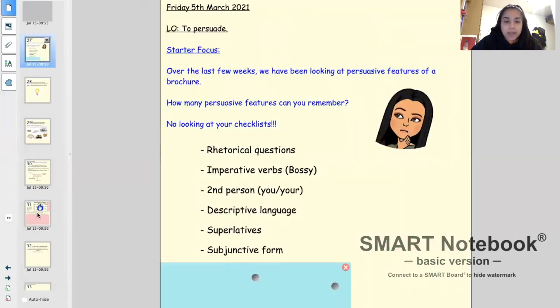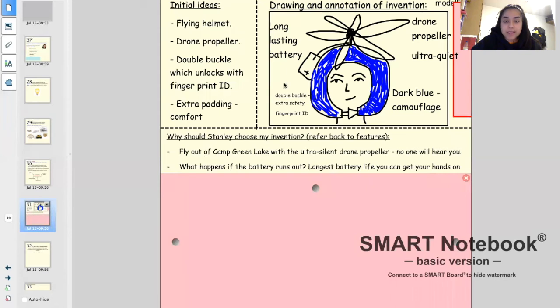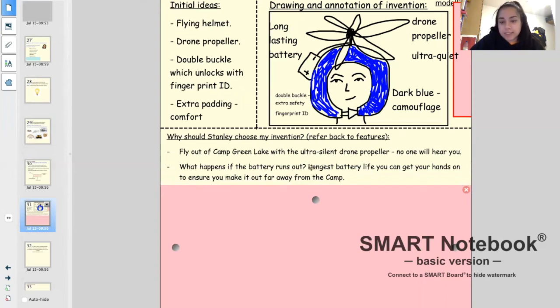And each point I'm making is about a different feature on my product, okay? So I've got, what happens if the battery runs out? Longest battery life you can get your hands on to ensure you make it out far away from the camp. Now, as you can see, these sentences are not full sentences.